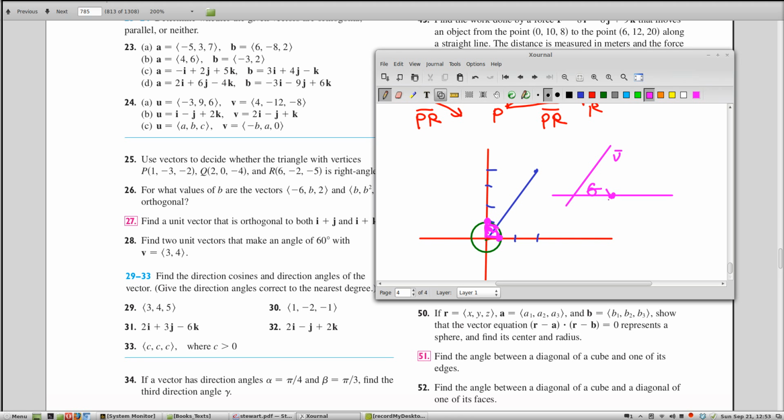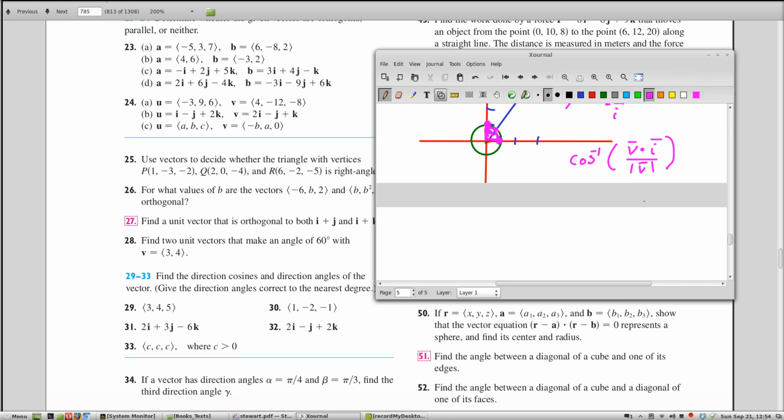That's just going to be the angle that V forms with I, and so that's going to be inverse cosine of V dot I divided by the magnitude of V. And is that going to be something nice? This is just going to be inverse cosine of the first coordinate of V, which is 3, and the magnitude of V is the square root of 9 plus 16, which is 5. So it's inverse cosine of 3/5.